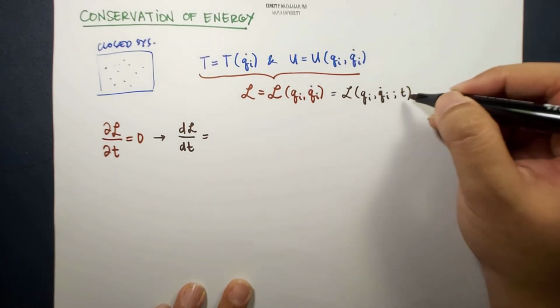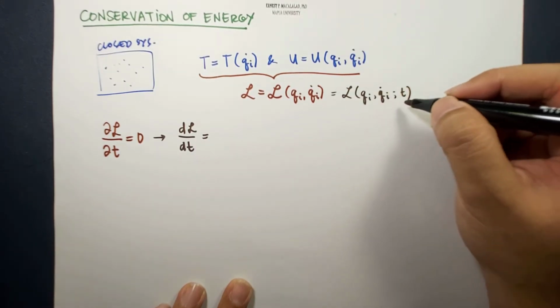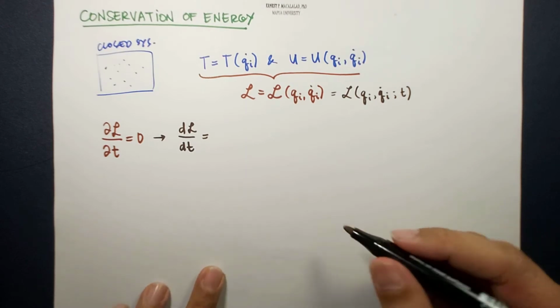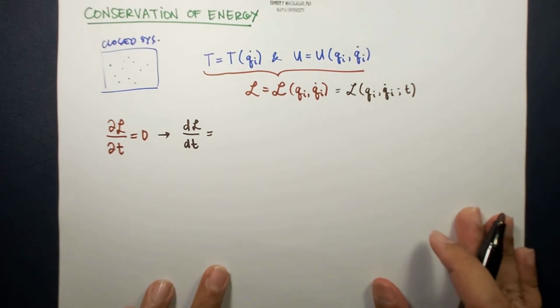Position and velocity are functions of time, but the Lagrangian is not an explicit function of time. So the total derivative with respect to time of the Lagrangian can now be rewritten as follows.